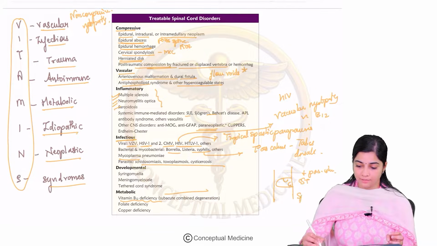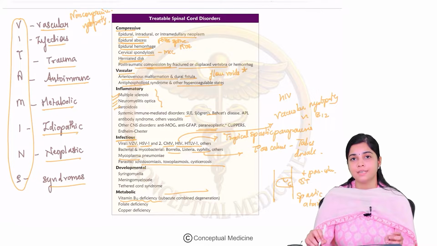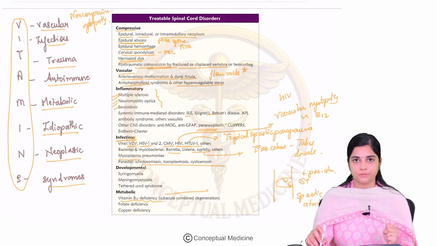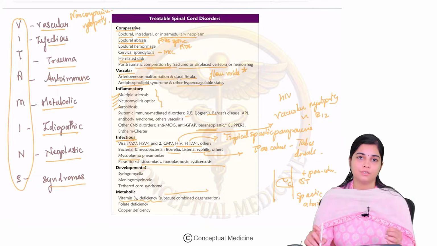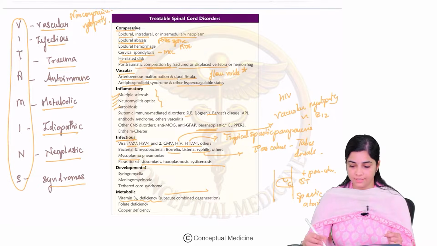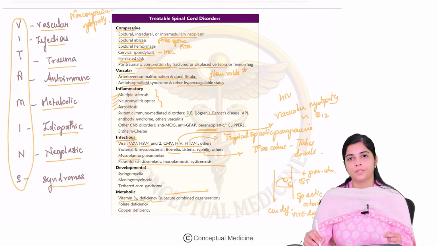So you will have a type of spastic ataxia. You will have ataxia which is predominantly a sensory ataxia because of posterior column involvement. You will have spasticity because of corticospinal tract involvement. This is your subacute combined degeneration, and HIV vacuolar myelopathy is also similar to this. Others include copper deficiency and vitamin E deficiency, hypocupric myelopathy.